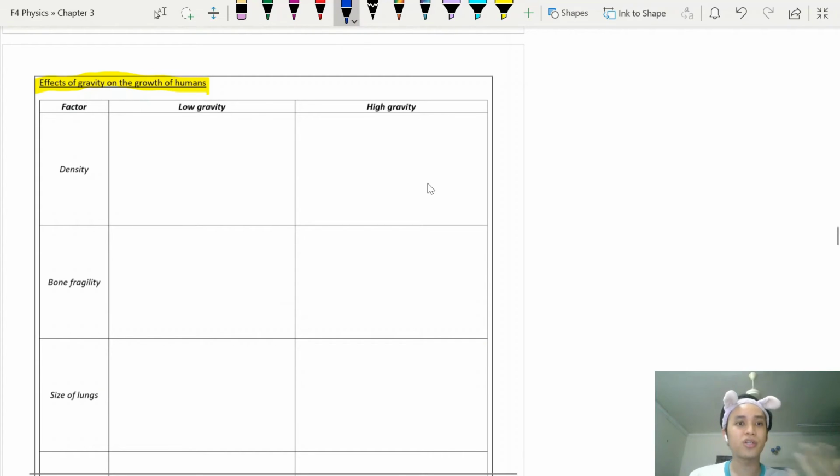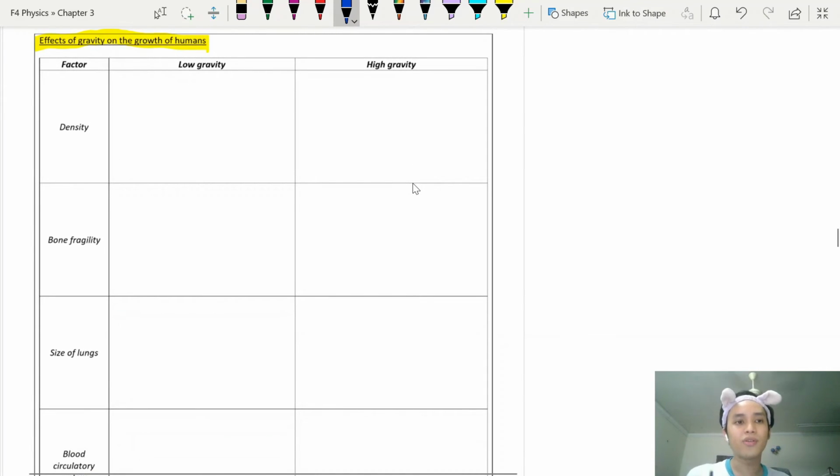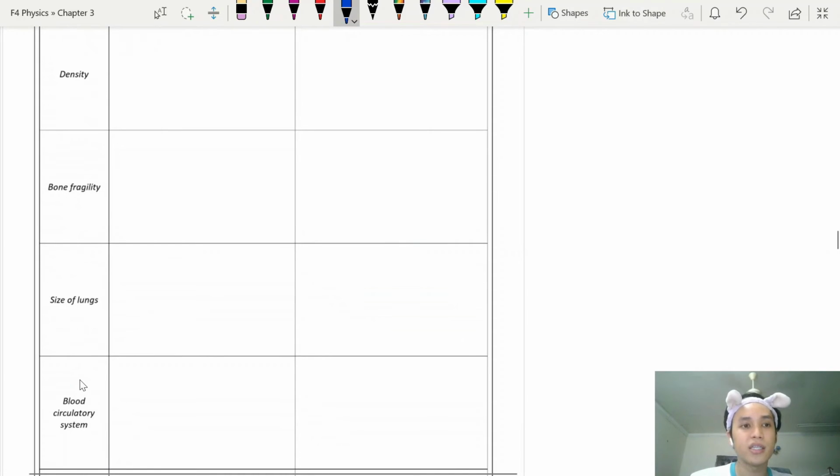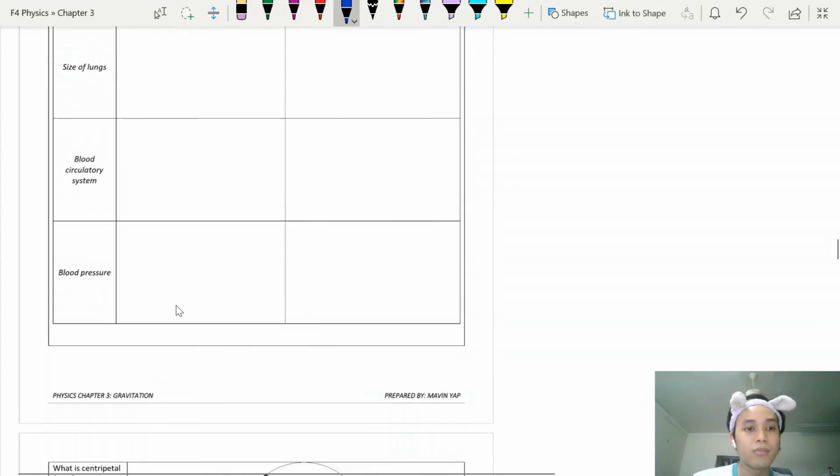So astronauts, as they go to outer space, are actually exposed to health risks, meaning that they are going to experience certain effects on their physiology. Their bone density, their lungs, their blood circulatory system, and also their blood pressure.